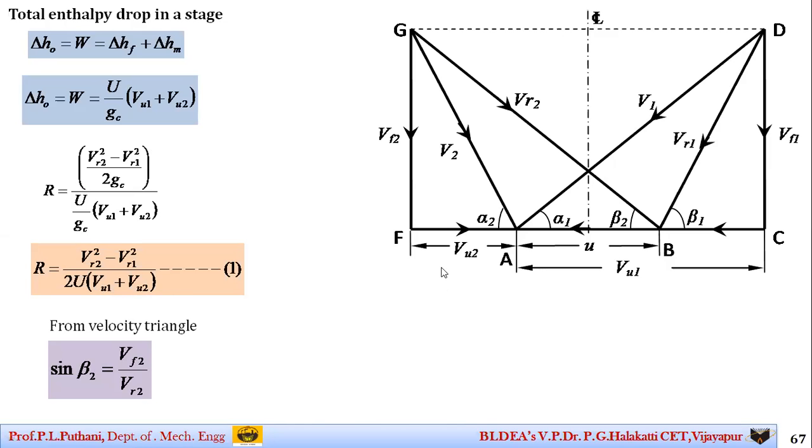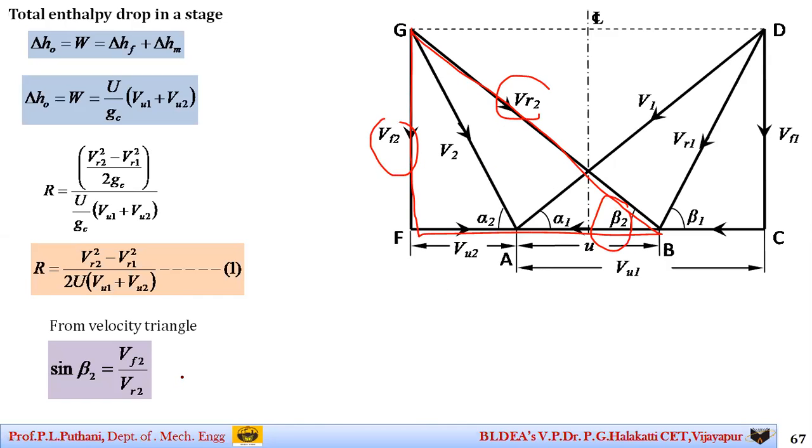taking from the analysis of the velocity triangle, that is the outer velocity triangle with respect to beta, this particular velocity triangle making an angle of beta. I can write sine beta 2 as the opposite side Vf2 by Vr2.